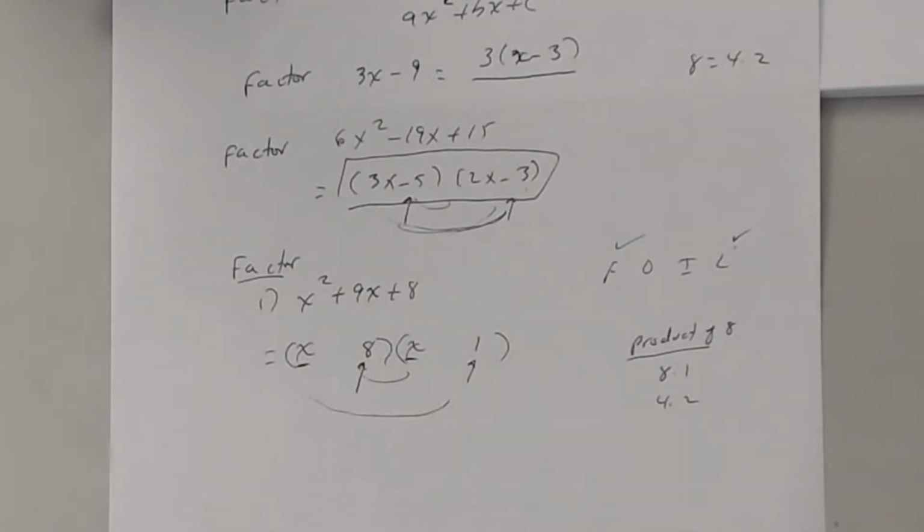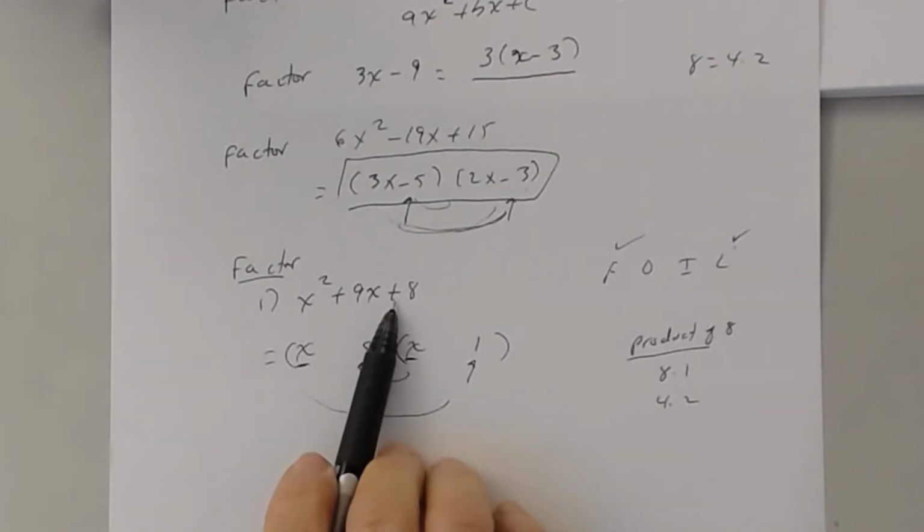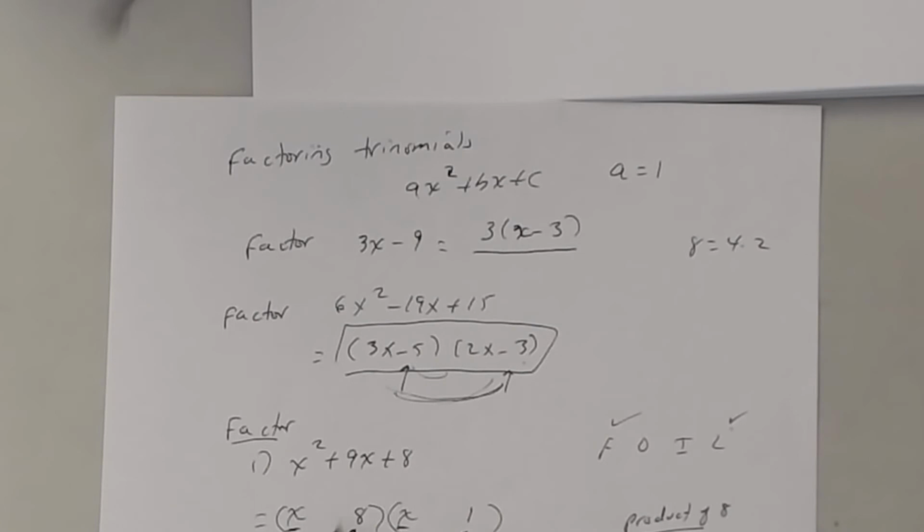The last sign's positive, so the signs here have to be the same, because a positive times a positive is a positive, and a negative times a negative is a positive. It helps to know these ideas when you factor. It makes you more efficient. But notice the middle sign. What's the middle sign? Positive.